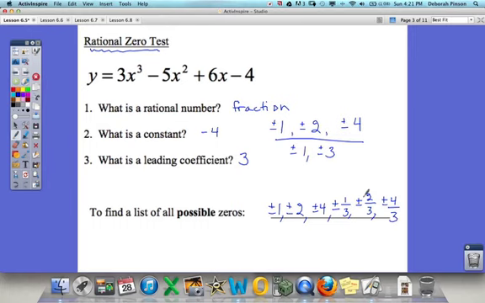Now what we're going to do with this is honestly guess and check with each of these to see which one is a zero. Now I want y'all to think about this. When I say guess and check, what we're going to do is synthetic division. If it's one of our answers, what should the remainder be? Remainder should be 0.